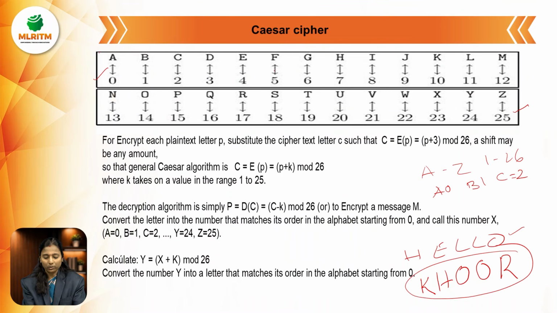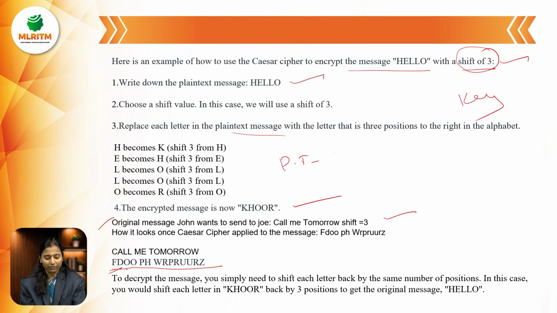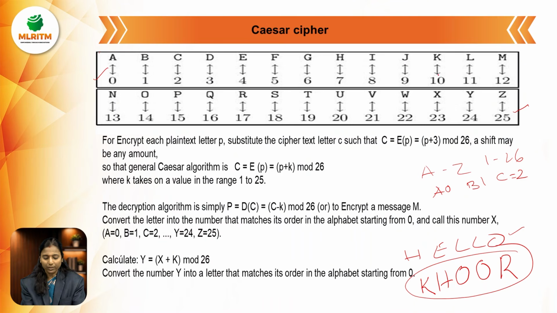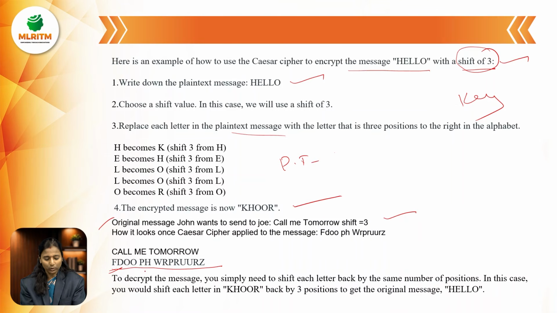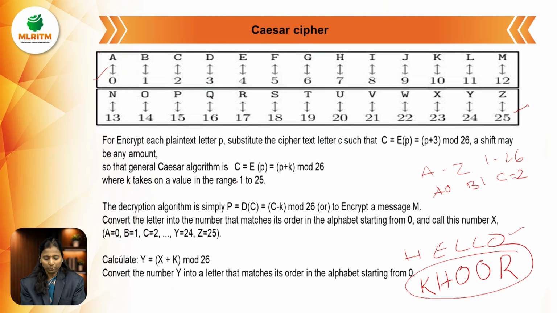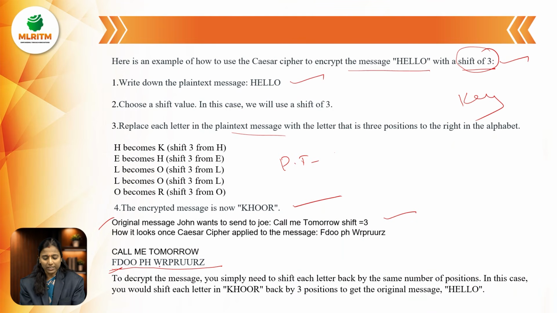C is shifted to F, that's why we have written F. A is shifted to D. L is shifted to O. M is shifted to P, and E is shifted to H. T is shifted to W, O is shifted to R, M is shifted to P, O is shifted to R, R is shifted to U, O is shifted to R, and W is shifted to Z.